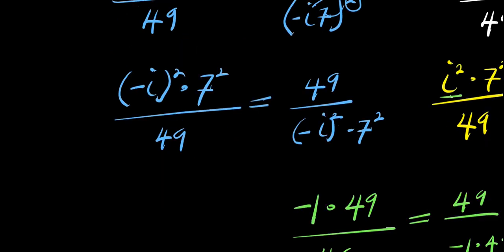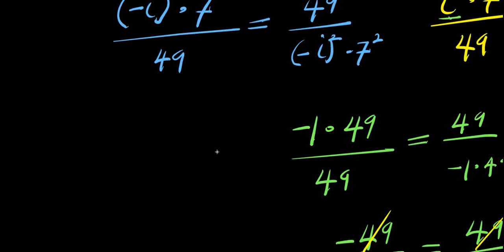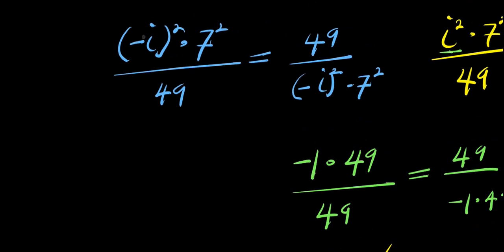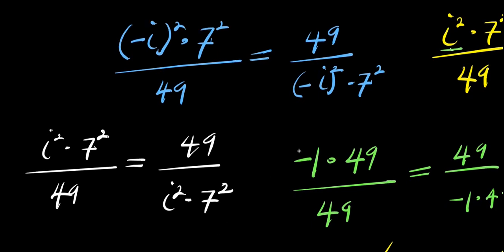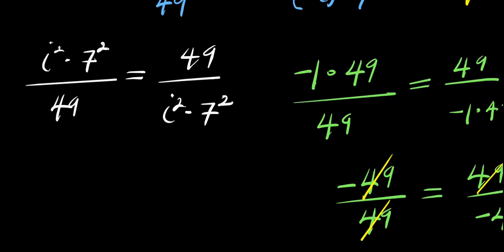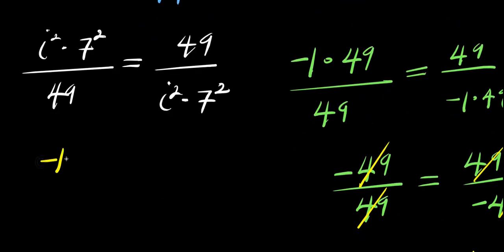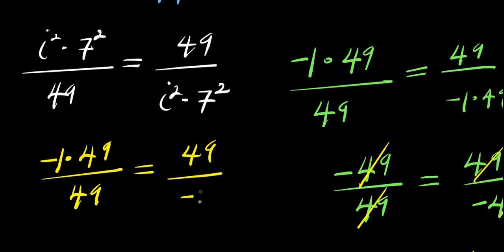And from here, don't forget the fact that negative raised to the power of 2 is positive. So this is just like writing i squared times 7 squared divided by 49 equals 49 divided by i squared times 7 squared. And remember, i squared is -1. So this is -1 times 49 divided by 49 equals 49 divided by -1 times 49.